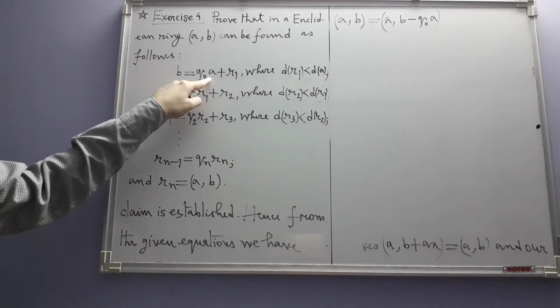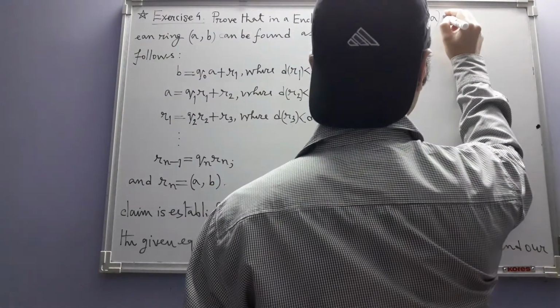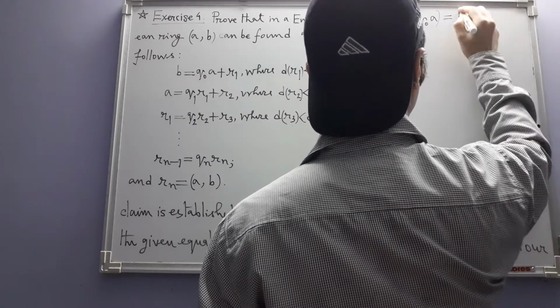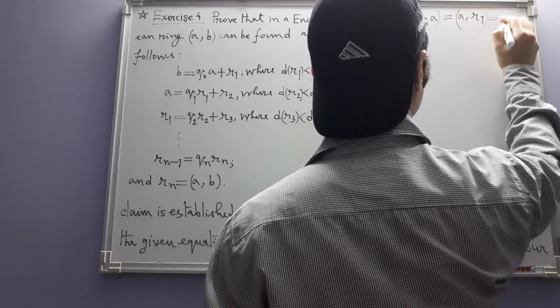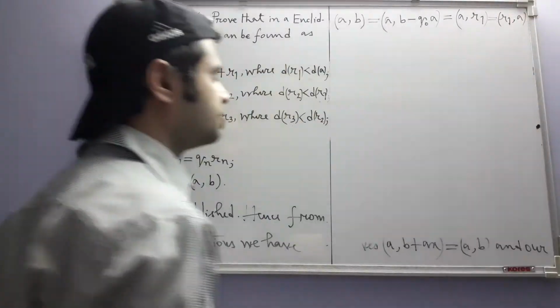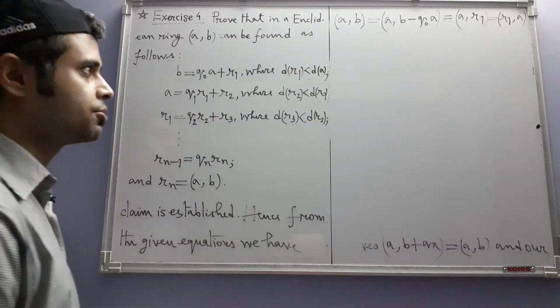But what is B minus Q naught A? It is nothing but R1. So this is equal to A comma R1, which can also be written as R1 comma A, because for the GCD of two elements, the order does not matter.